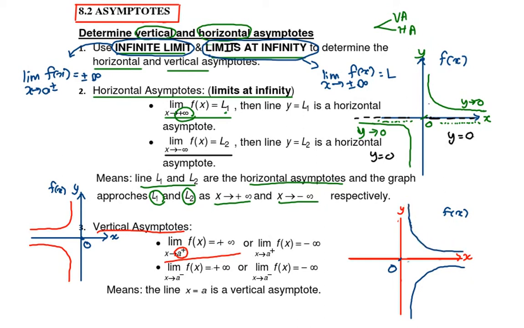Here a refers to point 0. When x approaches 0 from the right, for this graph, we look, y is increased. So it equals positive infinity.